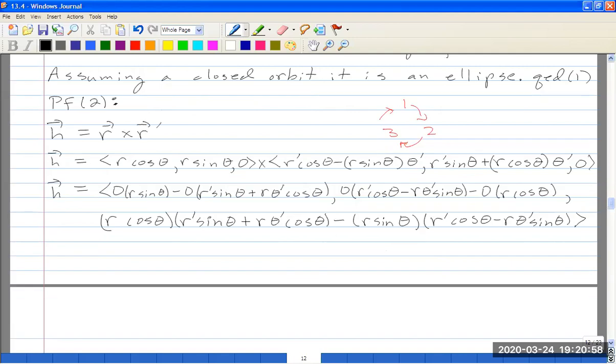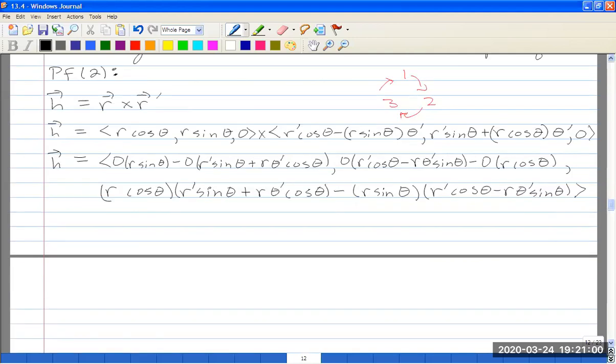So finally, a lot of things will cancel out and be nicer. So 0 minus 0 is 0. 0 minus 0 is 0. A lot of stuff. So R prime, R prime, cosine theta, sine theta, just multiplying the R cosine theta inside the parentheses. R times R is R squared.